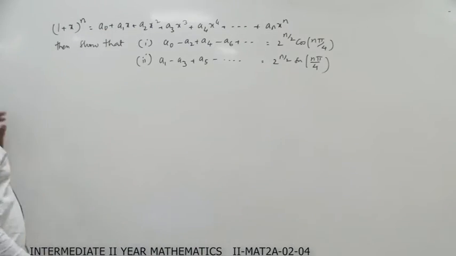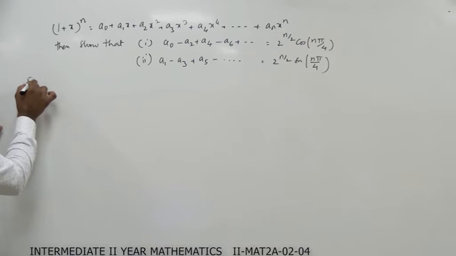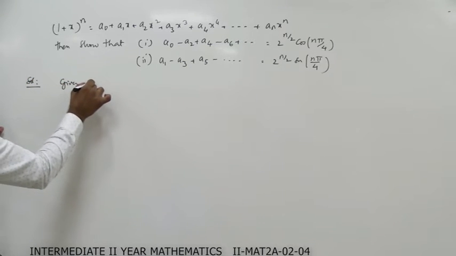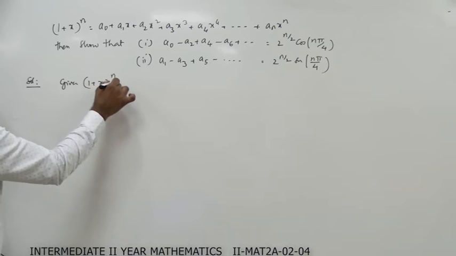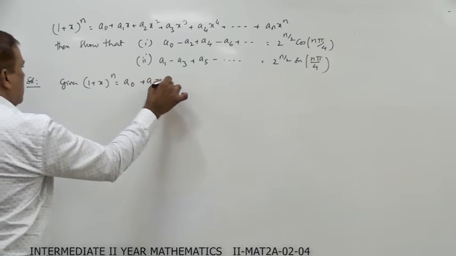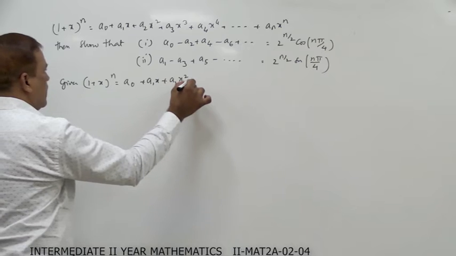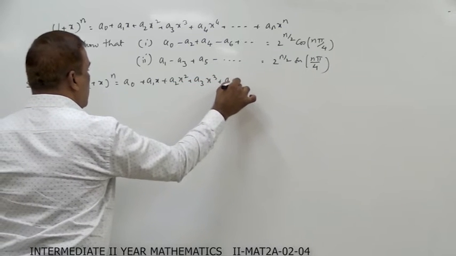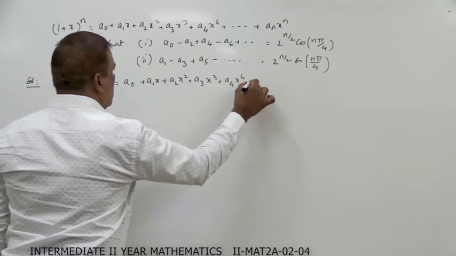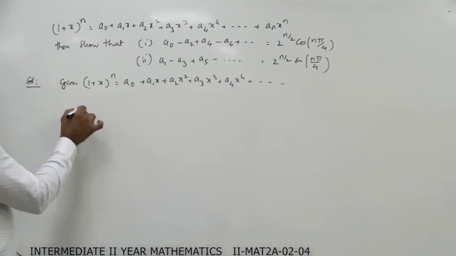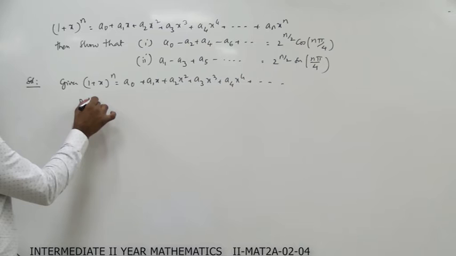For that we'll take the solution here. Given (1 plus x) whole power n is equal to a naught plus a1x plus a2x square plus a3x cube plus a4x power 4 plus and so on. Let's take it in this manner. Let us put x is equal to i.